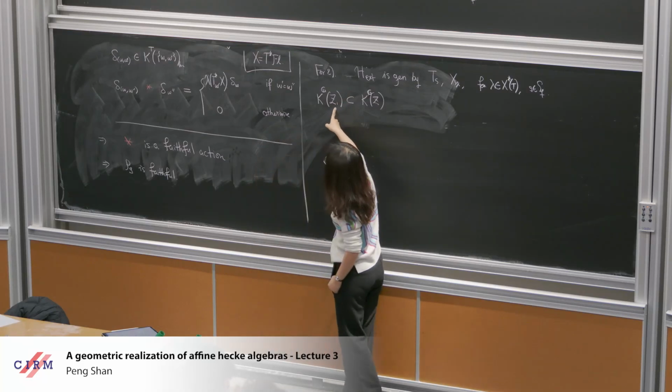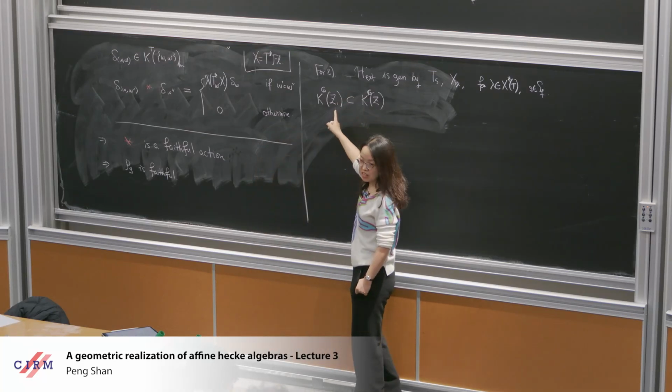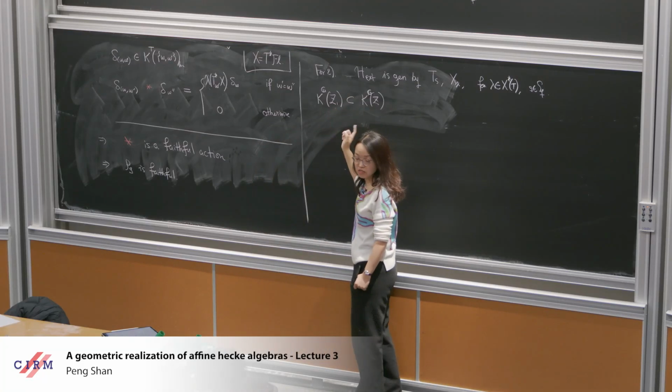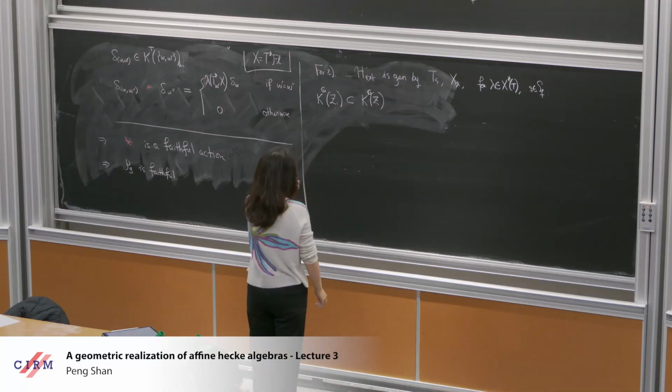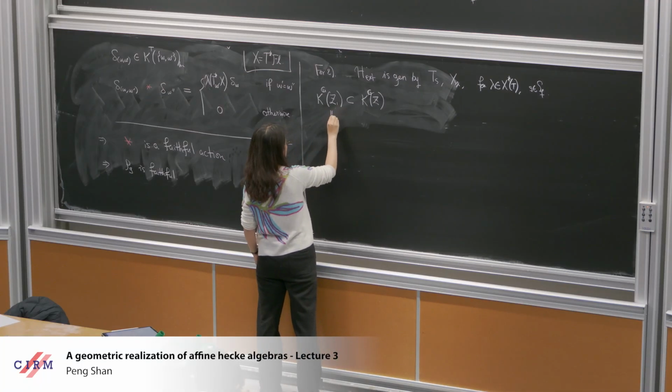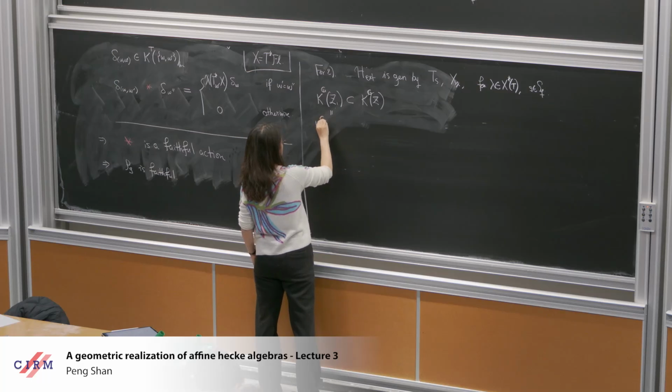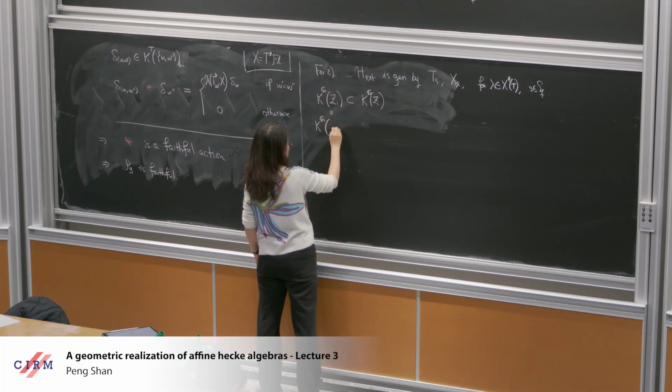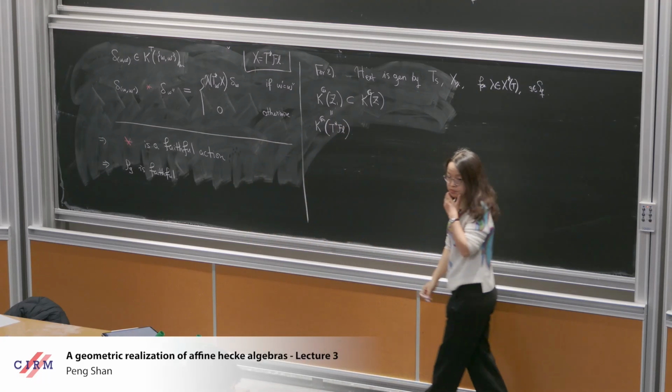This is by definition the diagonal orbit inside the Steinberg variety. This thing itself is isomorphic to K_G of the cotangent of the flag variety.